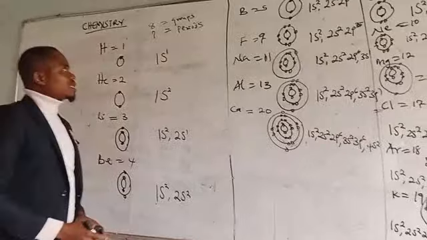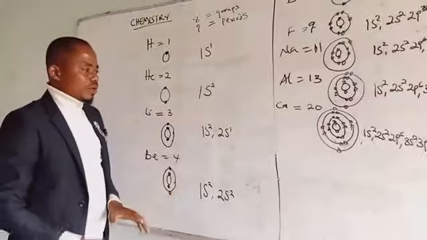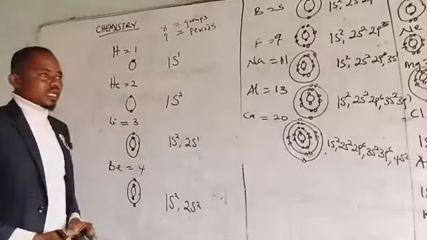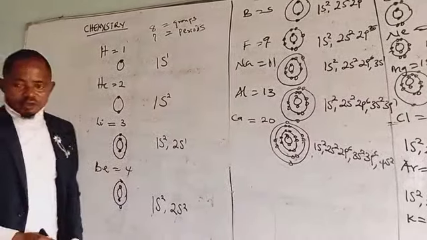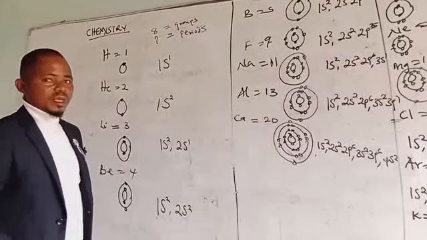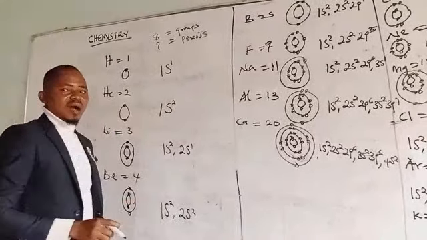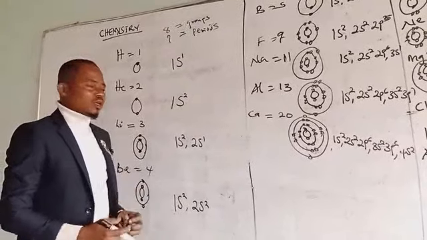Now the question is, what determines the group and what determines the period? That's why you must know your electronic configuration very well. You must know which one determines the group and which one determines the period. If you don't know that, you may be having a whole lot of problems.